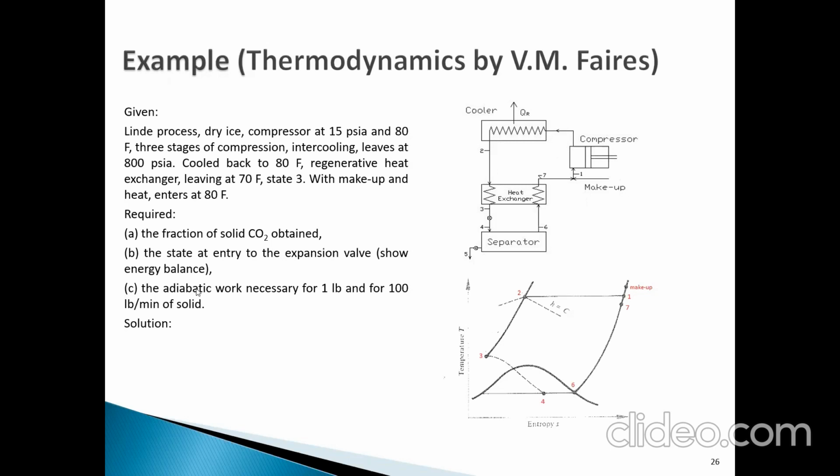Required: A, fraction of solid CO2 obtained. B, the state at entry to the expansion valve. Show energy balance. C, adiabatic work necessary for 1 pound and for 100 pounds of solid. Letter B, ano ito ba yun?